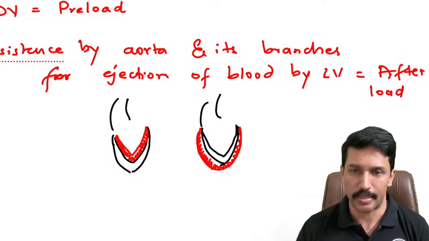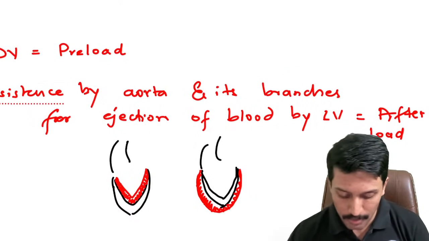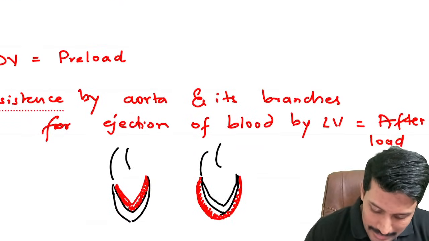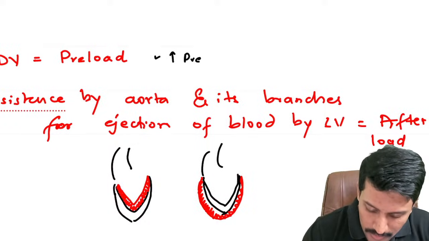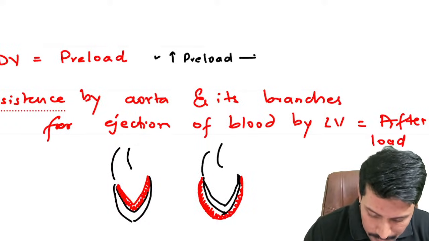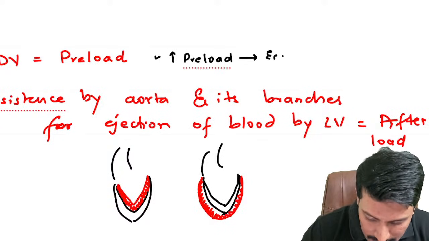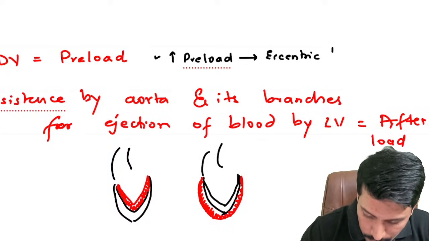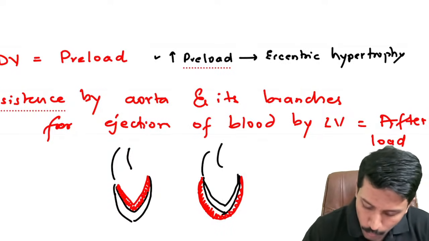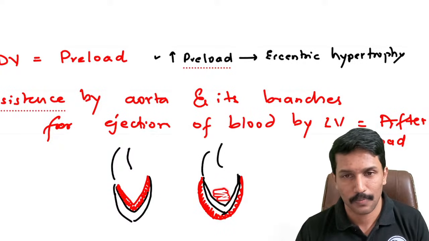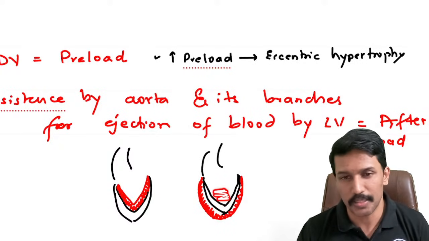It appears big. So you should note that increased preload results in eccentric hypertrophy. Preload means end diastolic volume. So if I have more volume inside the ventricle, to keep that volume I need space, right?